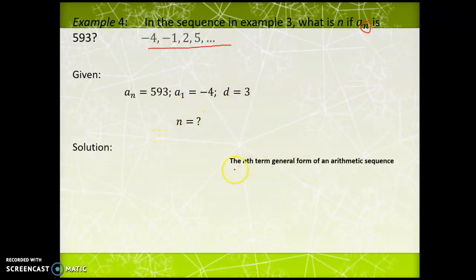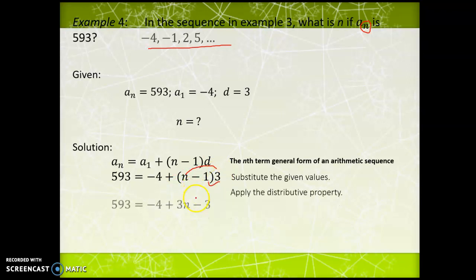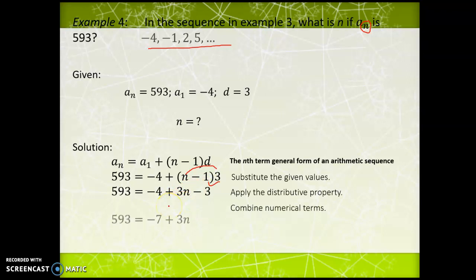So solution, you write the formula first, and then you substitute the given values. So which one is missing? It's n, not the a sub n this time. So from here, place this one here, then the a sub 1, n is missing, so it's written only here. Okay, so you multiply, distributive property. And then you simplify, combine numerical terms.